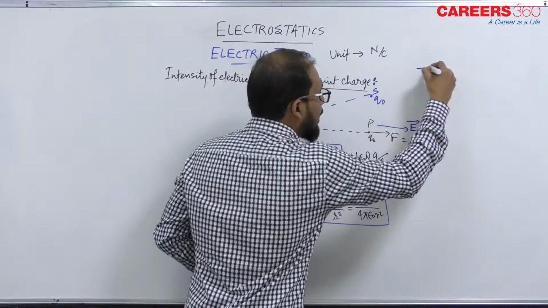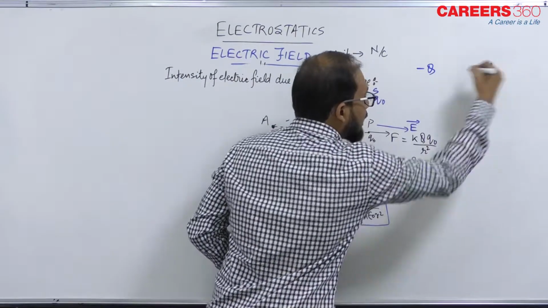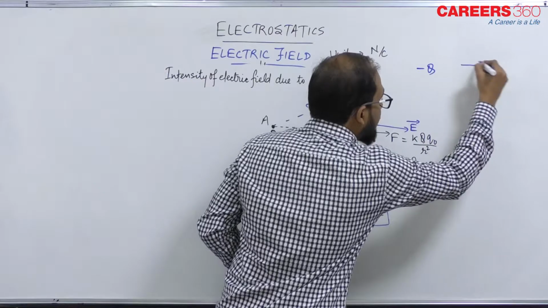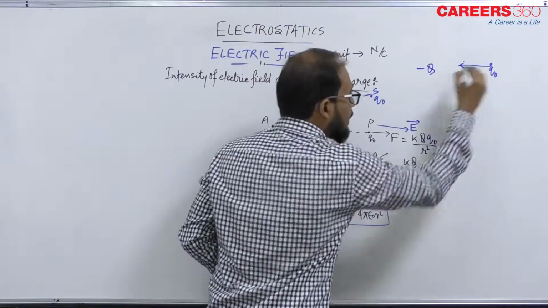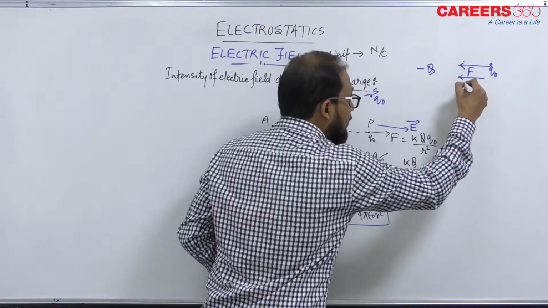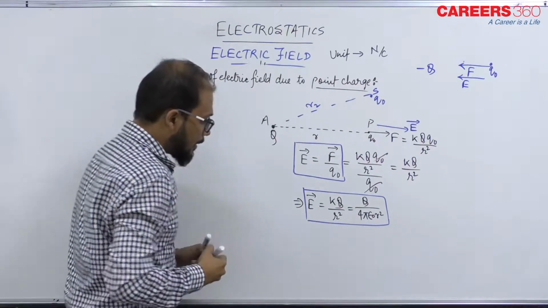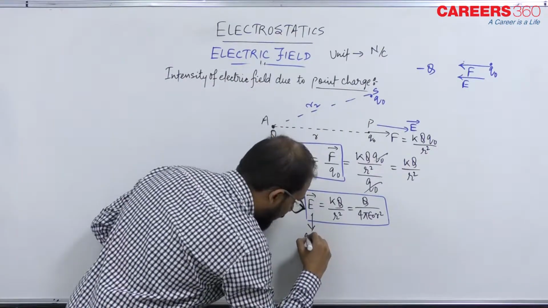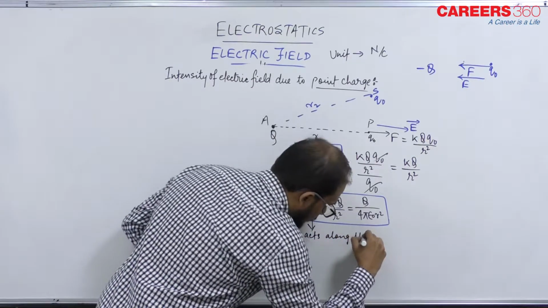Suppose here a minus Q charge was present and we bring a small positive test charge Q naught here, then the minus Q charge will attract this Q naught charge in this direction, the electric force will be in this direction, and in this case the electric field will also act in the same direction as that of force, that is E. So we can write here that the electric field acts along the direction of electric force.